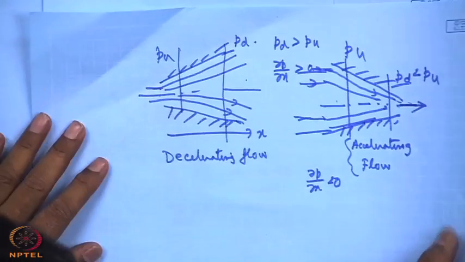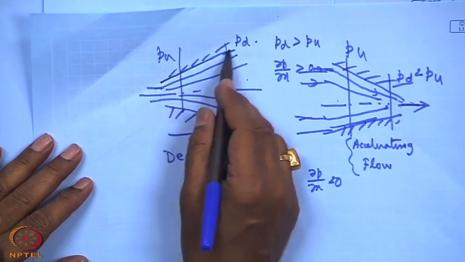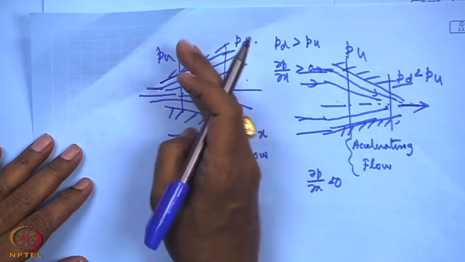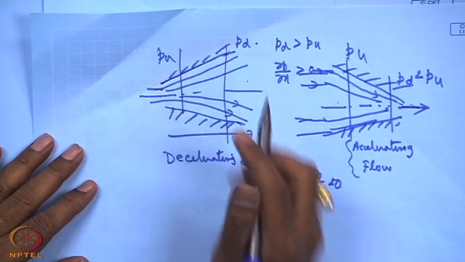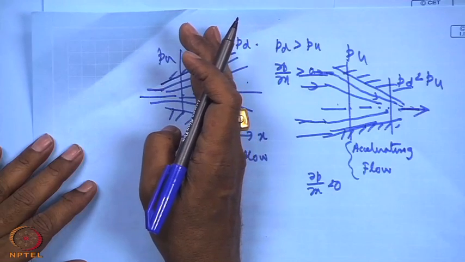Now, this separation is very sensitive to the angle of divergence. If the angle of divergence is more, what happens is that the rate of pressure increase, that is the adverse pressure gradient, is more, so that the separation occurs early.